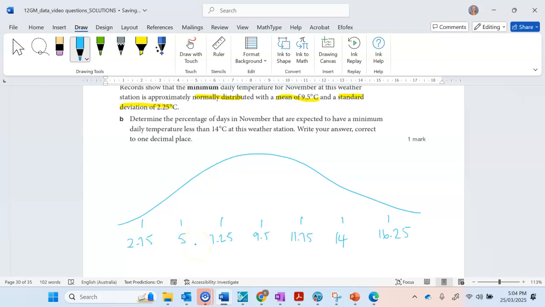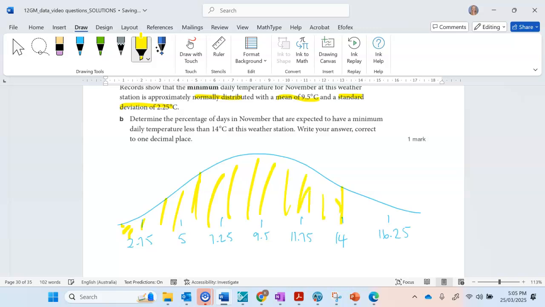All right, determine the percentage of days in November that are expected to have a minimum daily temperature less than 14. All right, so there's 14 at the weather station. So we want all of this. Now 14, here's your mean, is 2 standard deviations above.